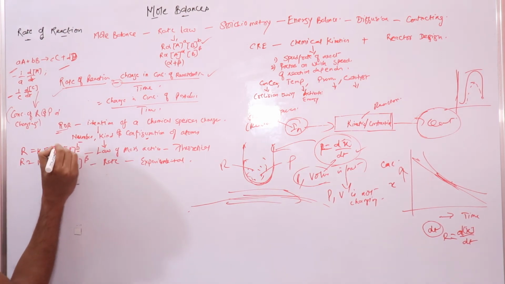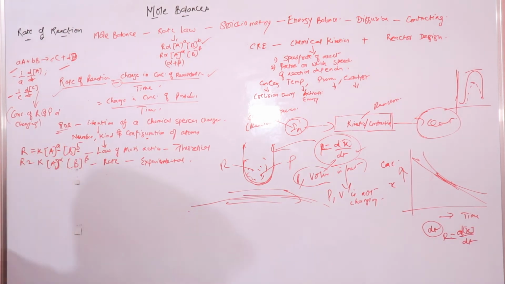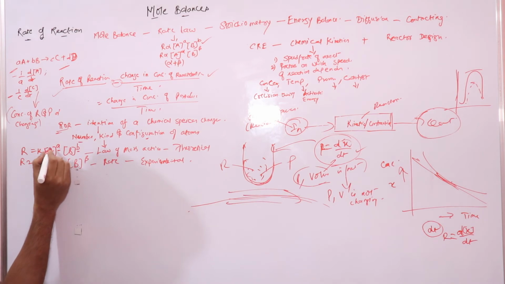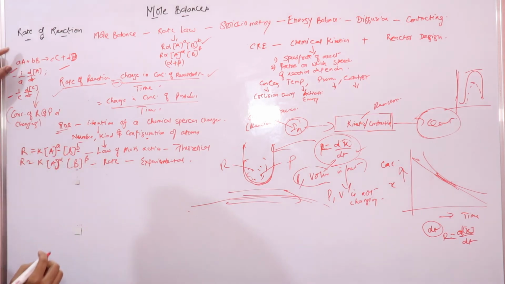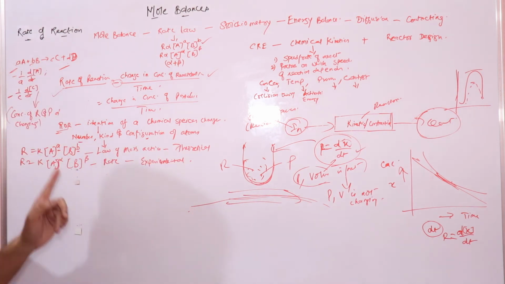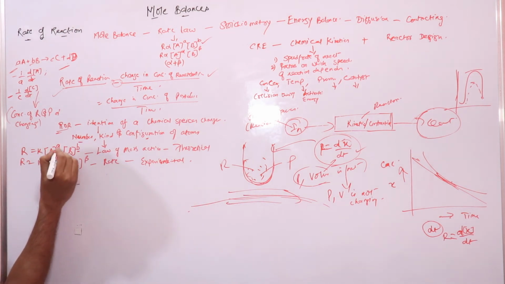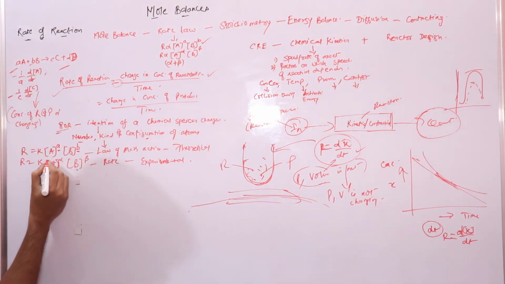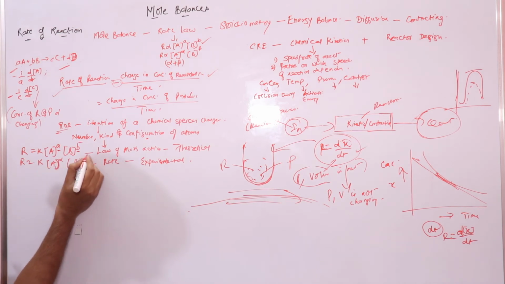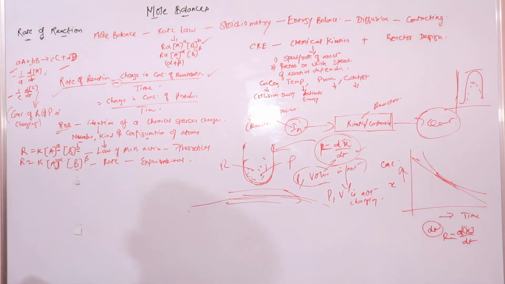The law of mass action is saying that you just have to look at the stoichiometric coefficients. Once you know the stoichiometric coefficients, you can write the rate of reaction as per the law of mass action, because the concentration is raised to the power of stoichiometric coefficients. But here the concentration terms are raised to the power of alpha and beta, which may not be equal to a or b.